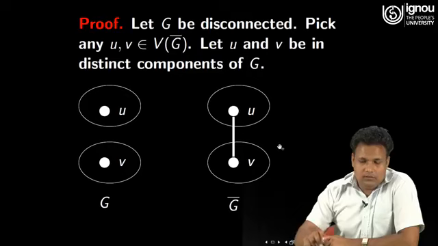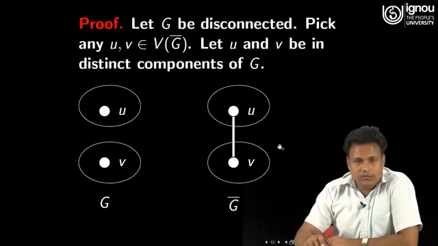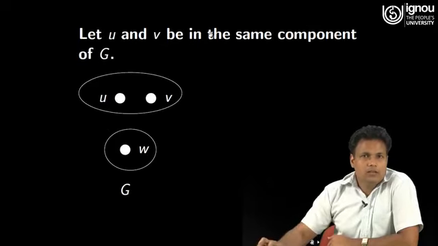Okay. Now, we consider the second case. Assume that U and V are in the same component of G. This is one component that contains both U and V, but G is disconnected. So, there is one more component of G, and now you pick any vertex W in this component.